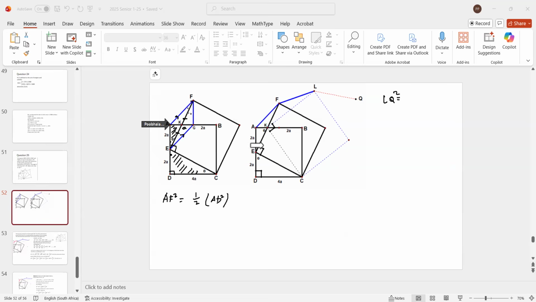This is the midpoint. Remember, we proved that this is the midpoint here. So now you construct the square on that, and this is LF squared we can calculate. LF squared, in exactly the same way as previously, is half of FE squared.